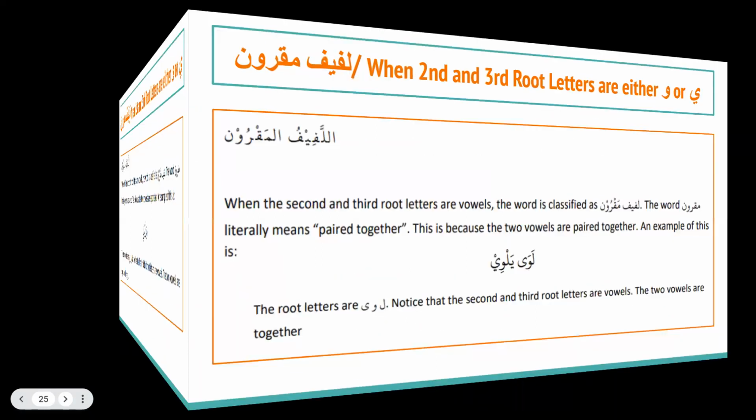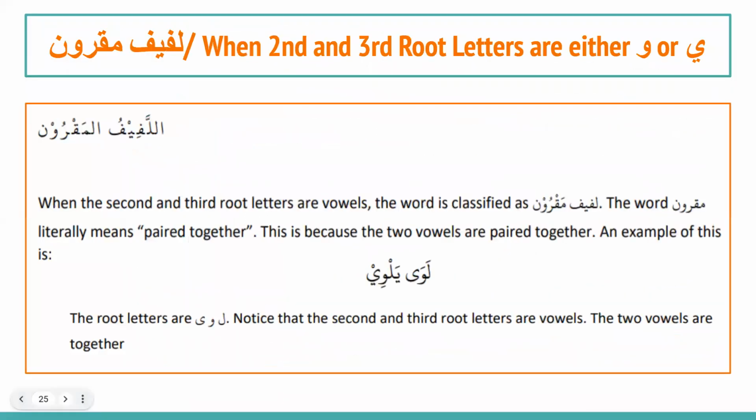And then we have lafif maqroon. Usually it is the second and third root letters which are weak, waw or ya, and those are called lafif maqroon. The word maqroon literally means paired together. You can see the example, lawa yalvi.